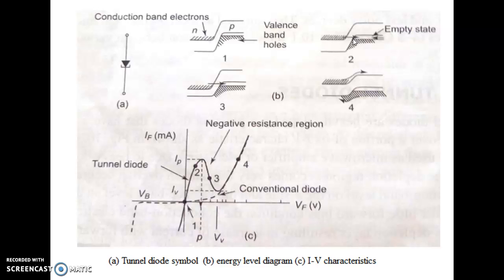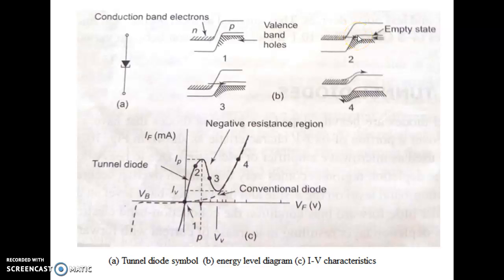So there will be some current flow here. As voltage increases, there will be some current flow due to the process of tunneling. Okay, next, we can represent this in an IV curve. If we increase the forward voltage further, suppose there is a condition where the electron states overlap exactly with the hole states on the other side.